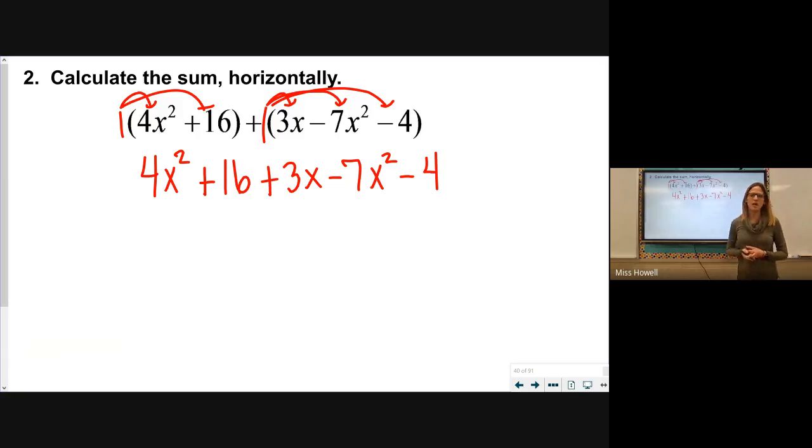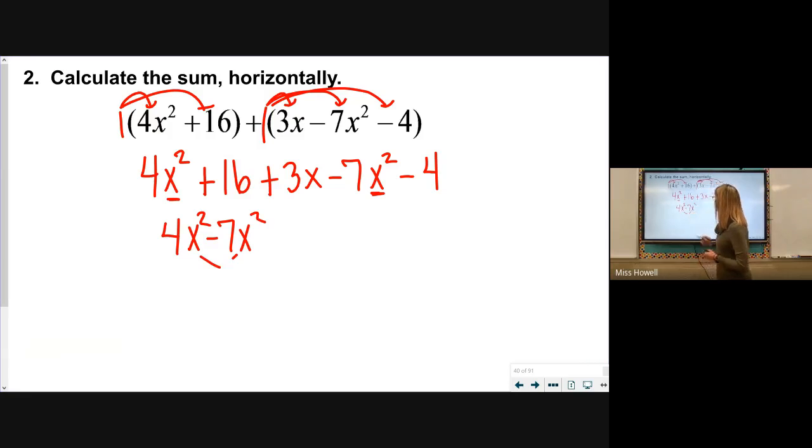Again, you have an option here to put in your not-required move-them-together step. So I'll go ahead and do that on one more here. We want our highest degree. This x squared is the degree of this polynomial. This is a quadratic. So we want the x squareds first, then our x to the first, and then our constant terms. So 4x squared minus 7x squared would go first.